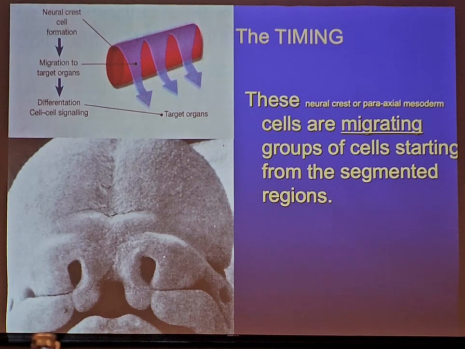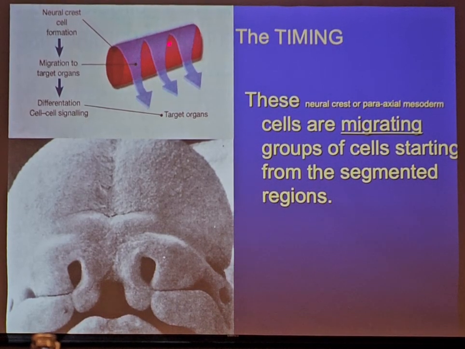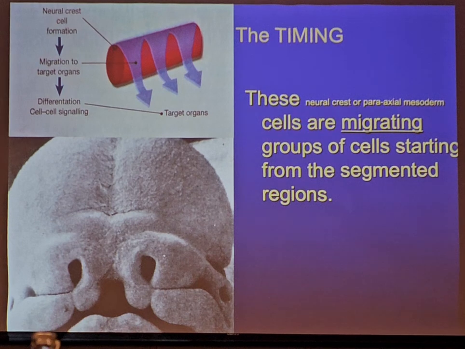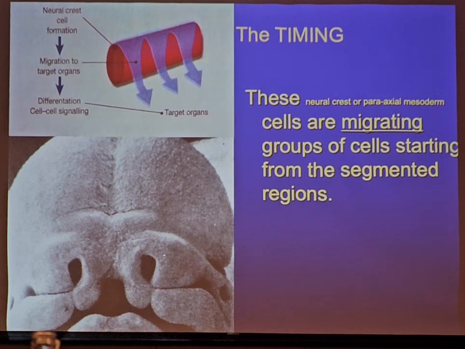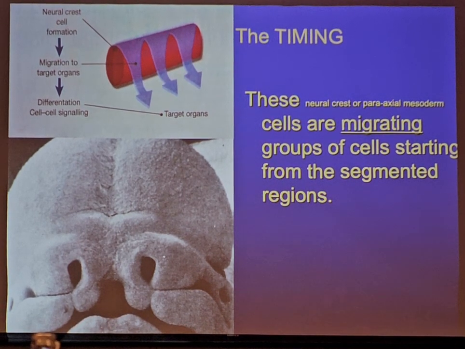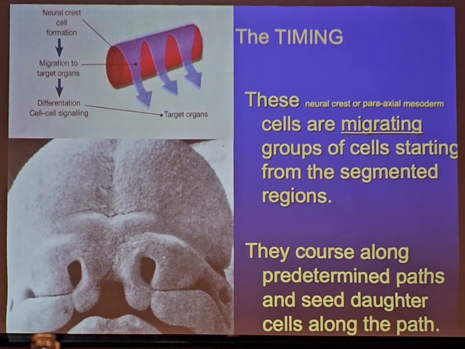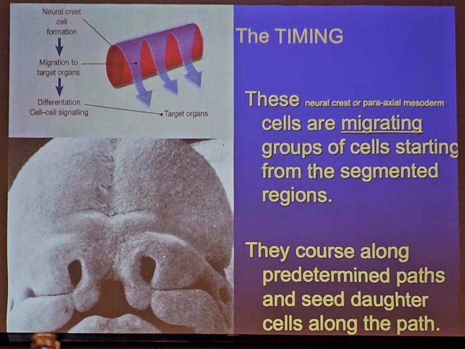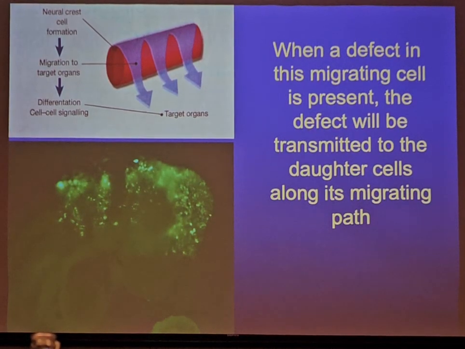And your cells of the ectoderm migrate in a predetermined way towards their target organs, i.e. a cell that is in the first segment of your embryo cannot go to a third segment in a different pharyngeal arch. It will always go to the same predetermined area. In fact, you can map those predetermined paths and see where they are going.